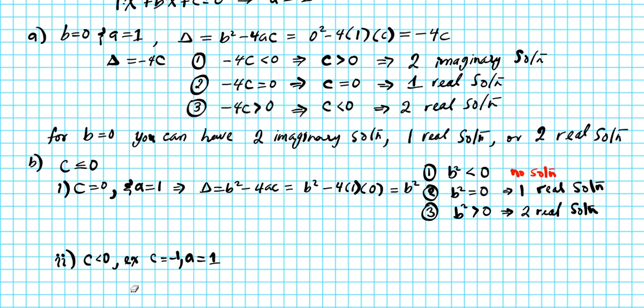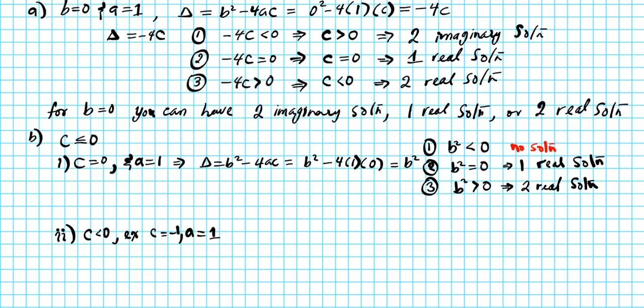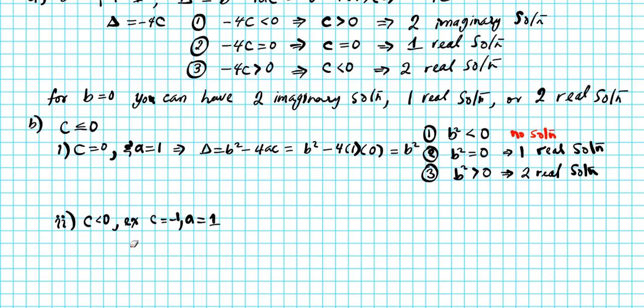Alright, so we're considering where c is less than 0. Now, what is the discriminant going to be here? The discriminant, which is b squared minus 4ac, is going to be b squared minus 4 times a, which is 1, times a negative c value. We chose negative 1 just to help us out. So we're going to have b squared plus 4.